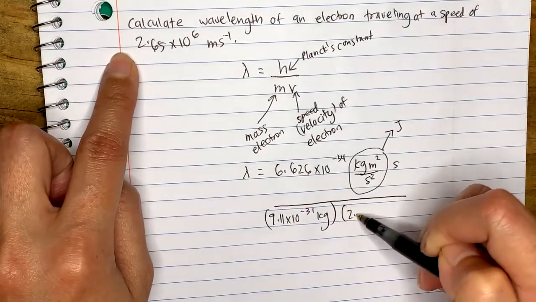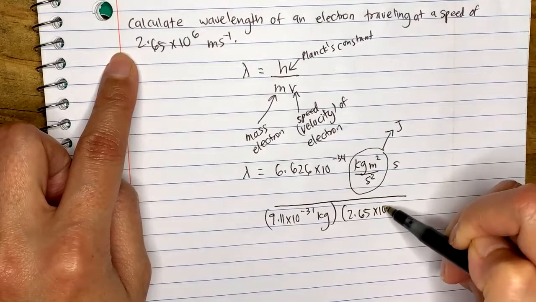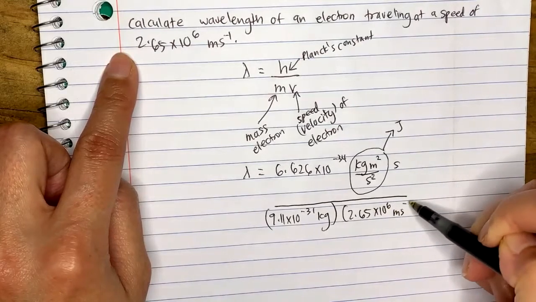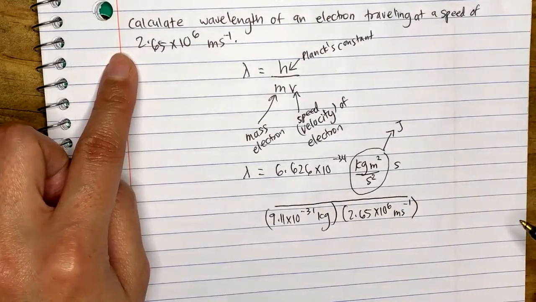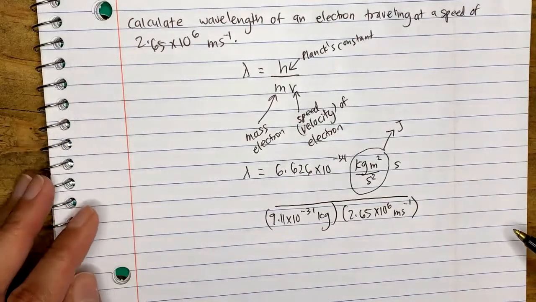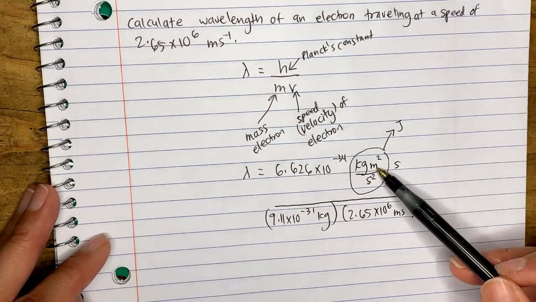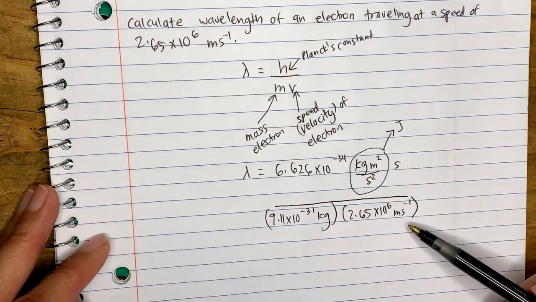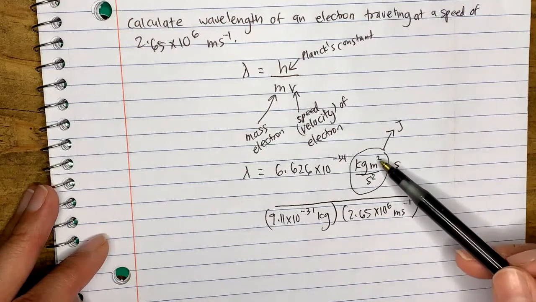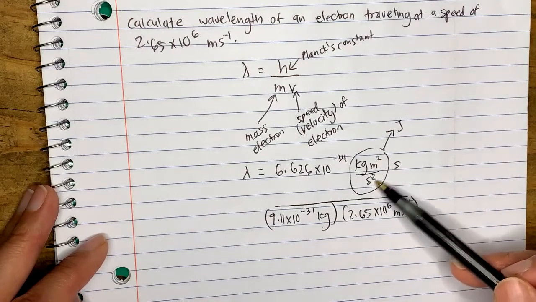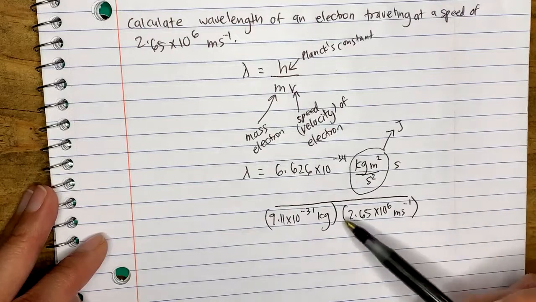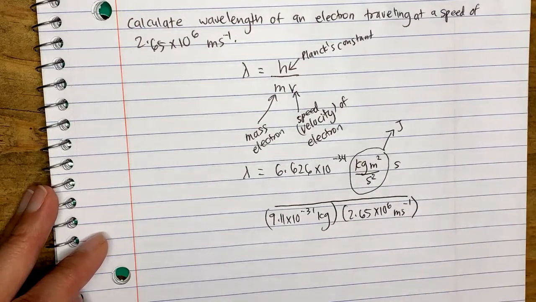So it was 2.65 times 10 to the power 6 meters per second. Then we can cross out a lot of our stuff here because our meters get canceled out, our seconds get canceled off, and you have kilograms being canceled off too.